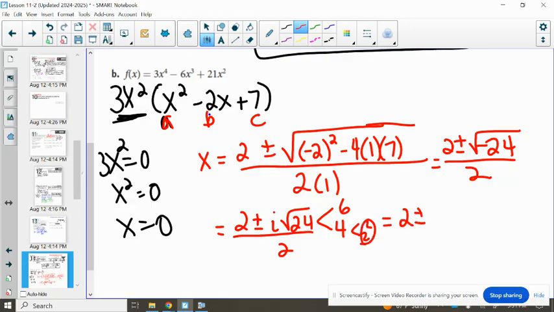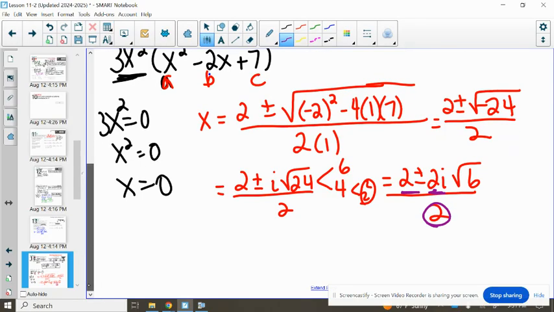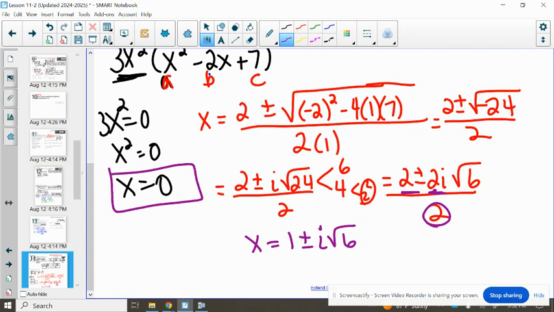Those 2's are moving out with the i, and then we have a square root of 6 on the inside. And then last but not least, because this 2 can be simplified in both pieces, we can take 2 divided by 2, we get 1. 2 divided by 2 is 1i square root 6. So officially, our x has 1 real solution and then 2 of our non-real solutions, either 1 plus i square root 6 or 1 minus i square root 6.